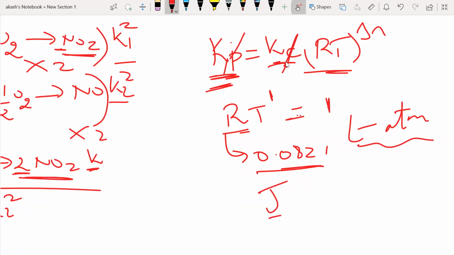Whenever you have joules, with all the SI units, pressure in Newton per meter squared and volume in meter cube, then you use R as 8.314. And if it is in terms of calories, we use 2. In this case, since you're using liter atmosphere, that's why it is 0.0821.